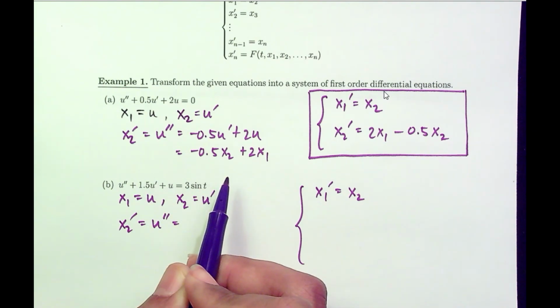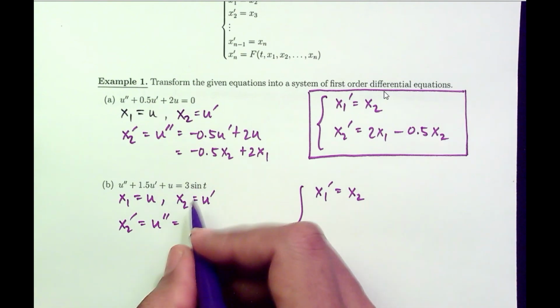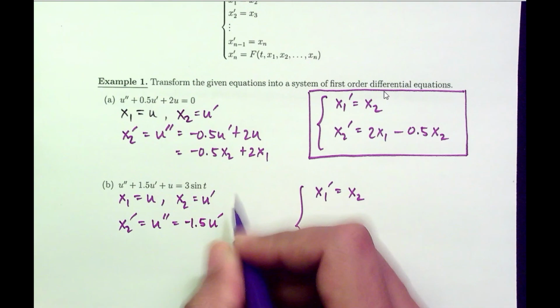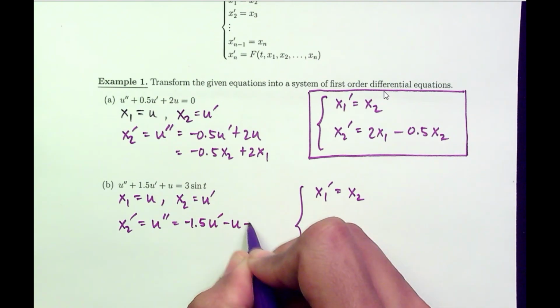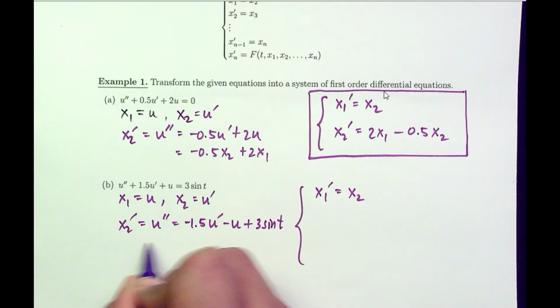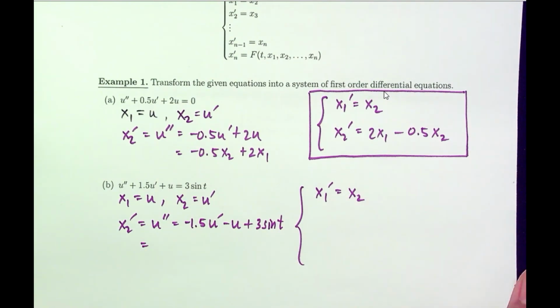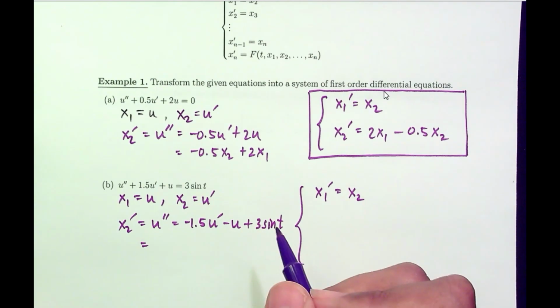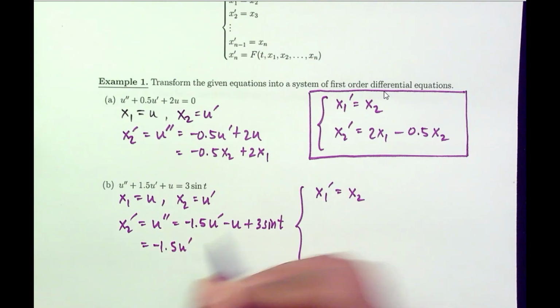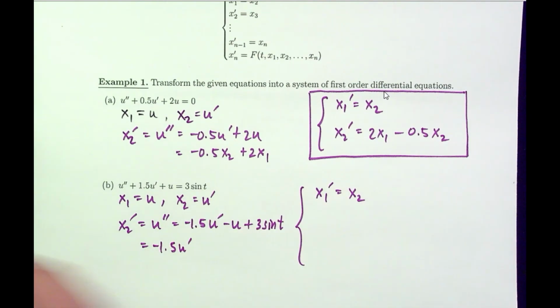This is going to become negative 1.5 u prime minus u plus 3 sin of t. But we have to write in terms of x1 and x2 only. So this is negative 1.5 u prime. What is u prime in terms of x1 and x2? U prime will be x2.